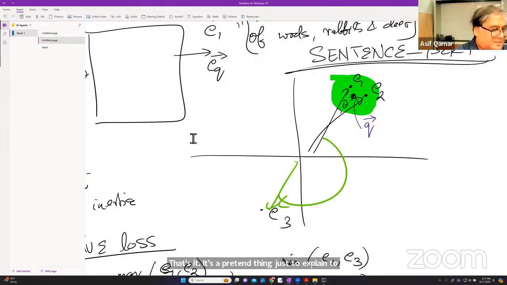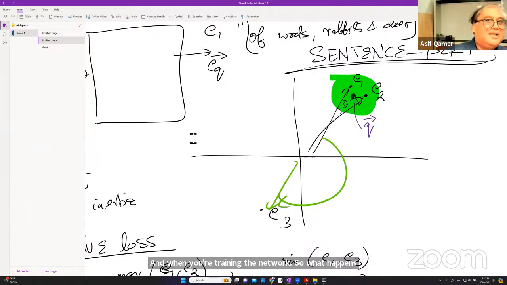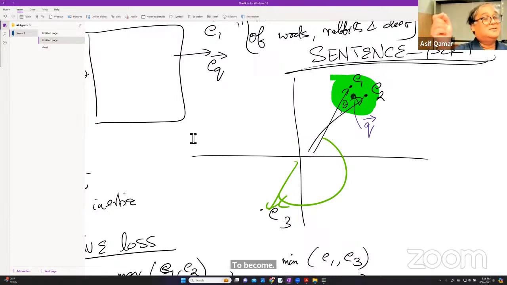And when you're training the network, what you're doing is you're taking BERT and retraining BERT to become smart at producing good semantic embeddings, through the contrastive loss or triplet loss. That's the core idea of this paper.